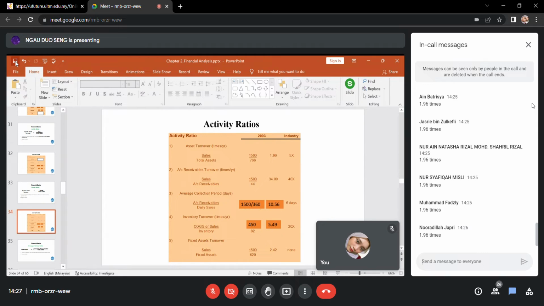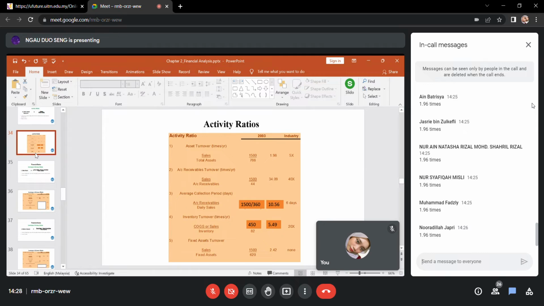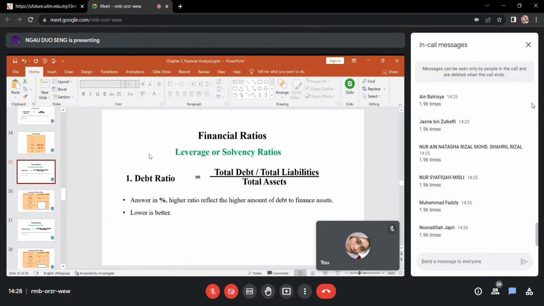Next we check the third group, leverage or solvency ratio. First, we have the debt ratio, which equals total debt, sometimes called total liability, divided by total asset.